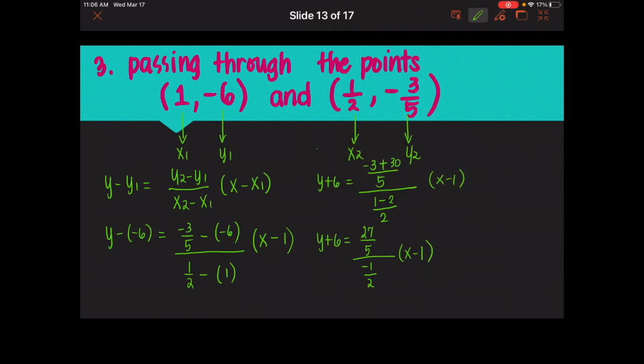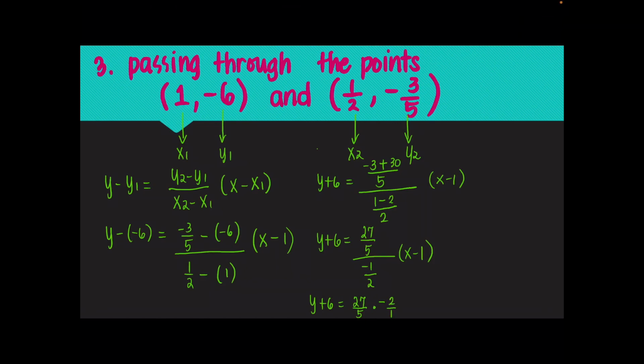Then we will simplify it further. So this will become y plus 6 equals 27 over 5 times the reciprocal of negative 1/2, which is still negative 2 over 1. So this one, guys, for the denominator, you just get the reciprocal, but you copy the sign. So times x minus 1.